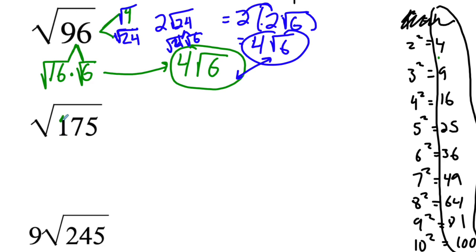Okay? Now, 175, hopefully, if you ever see a number and you want to know if it's divisible by 25, look at the last 2 digits. If the last 2 digits are a multiple of 25, the number will be divisible by 25. If you don't believe me, think about it, right? Because I can get 25 times 3 to be 75.